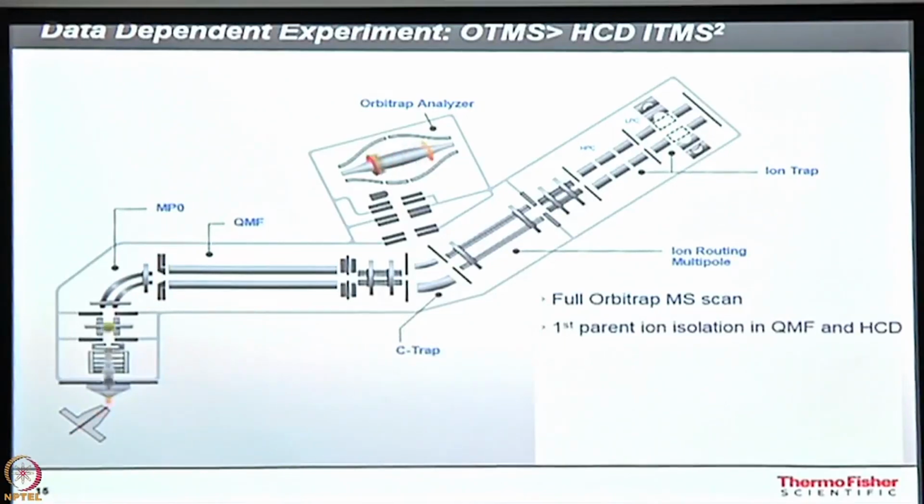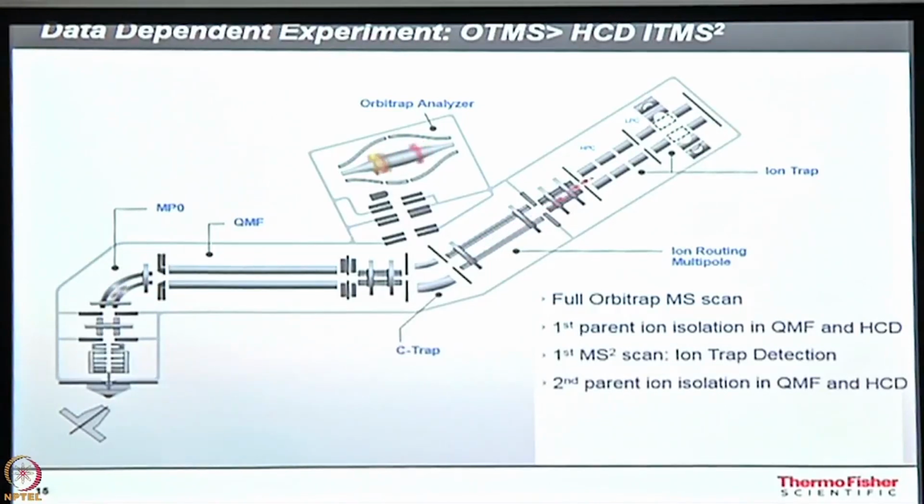Now the first mass comes here and gets fragmented. When it is sent to the ion trap, at the same time the second mass will come up. So in the same way, you are doing parallel reactions.